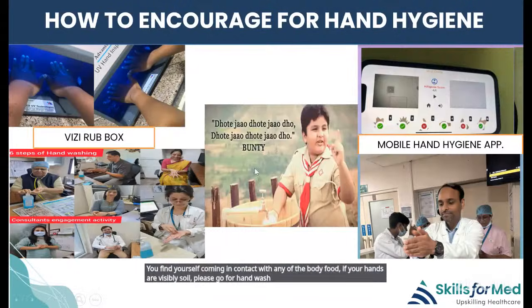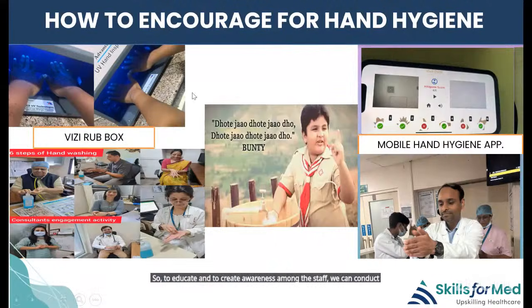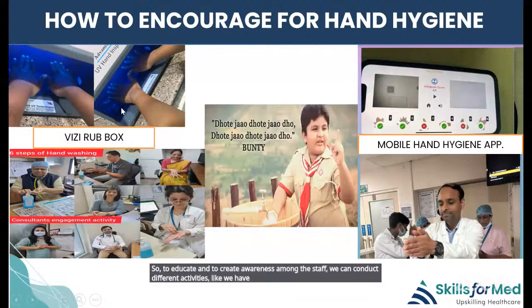If your hands are not visibly soiled, you can always go for hand rub. To educate and create awareness among the staff, we can conduct different activities, like the Busy Rub box, which we do every month, and we check it with the help of UV rays.